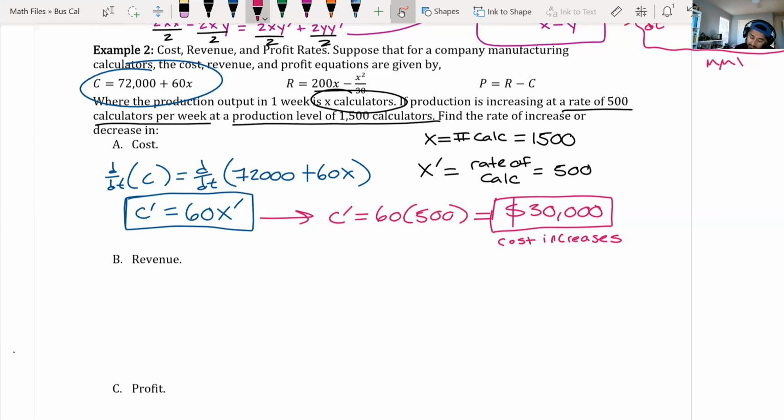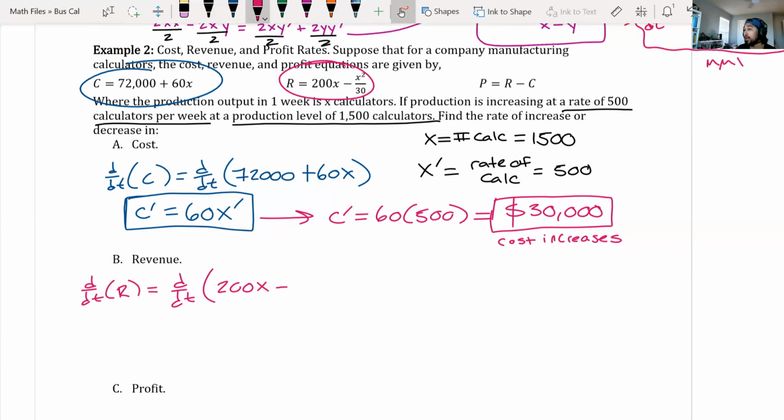Okay. Now we want to take the implicit derivative of the revenue function, which is up there. So let me erase this, get that out of the way. Okay. So we're going to say d over dt of R equal to d over dt of 200x minus x squared over 30.